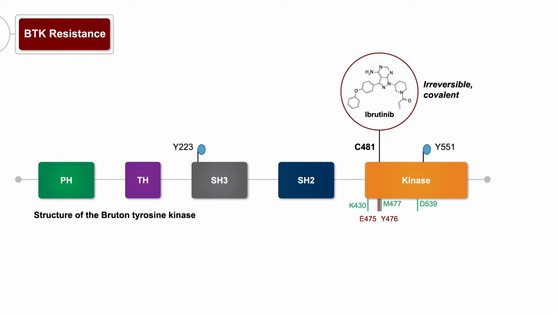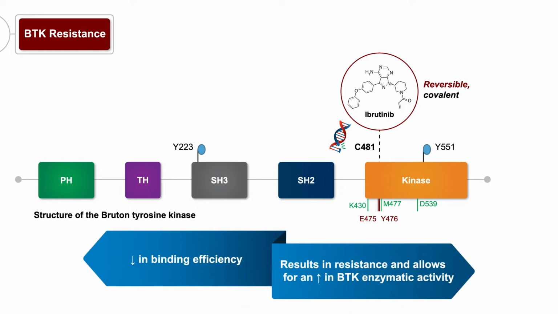And so it selectively binds to this residue in an allosteric inhibitory segment of the BTK kinase domain. Mutations at the BTK C481 site change ibrutinib to a reversible inhibitor. This leads to decreased binding efficiency, resulting in resistance and allowing increased BTK enzymatic activity and then disease progression.